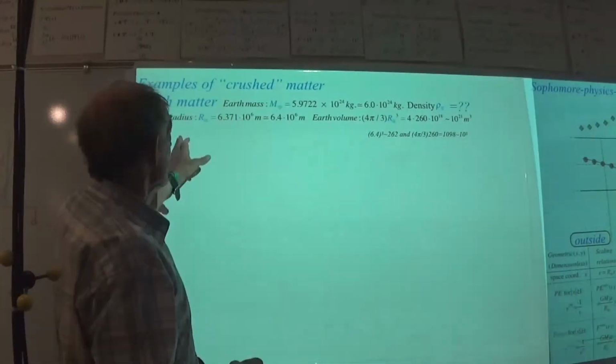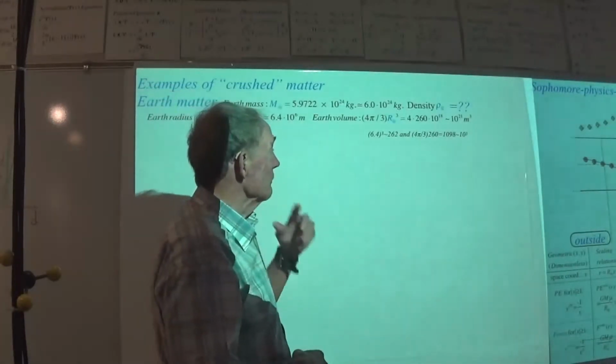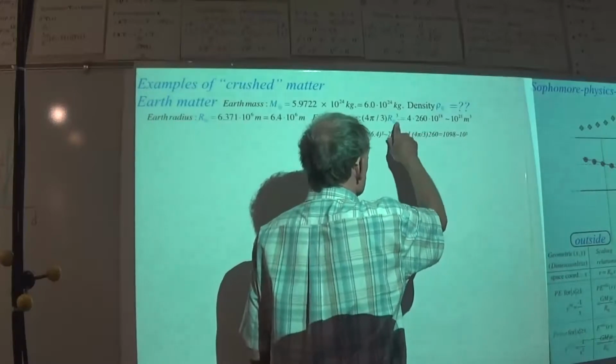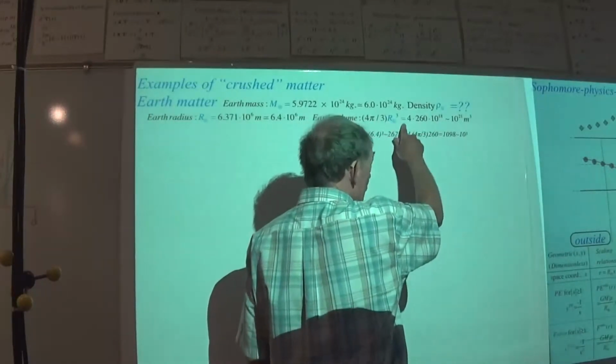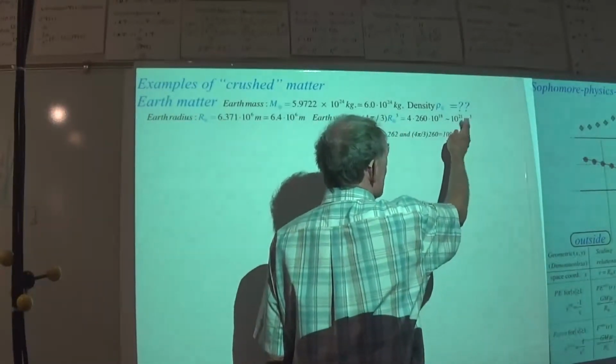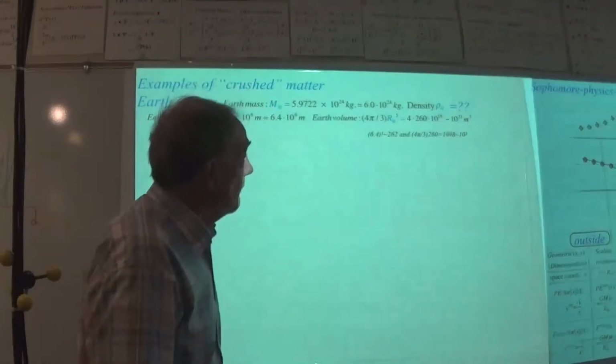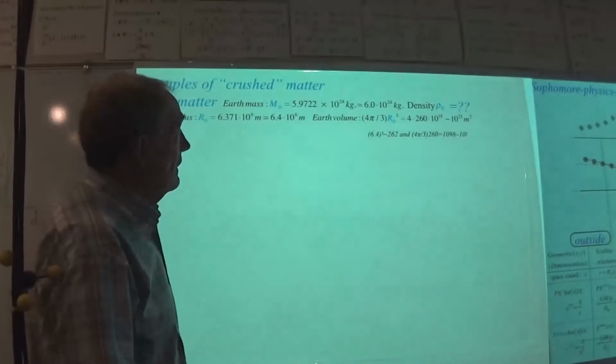Well, we've got the Earth radius so we can figure out the volume, okay? And we're talking about here 4/3 pi r cubed. So let's just round that one off to 10 to the 21st cubic meters, and we've got that many kilograms.